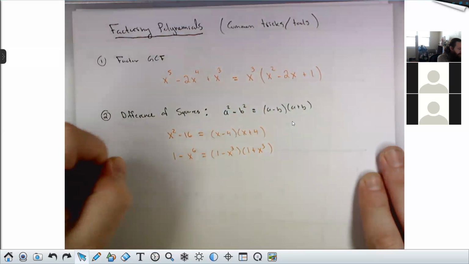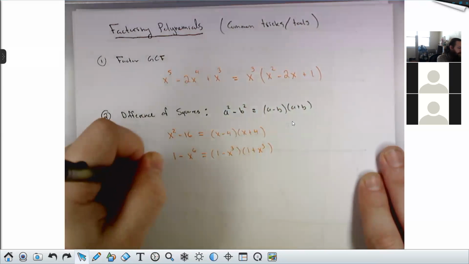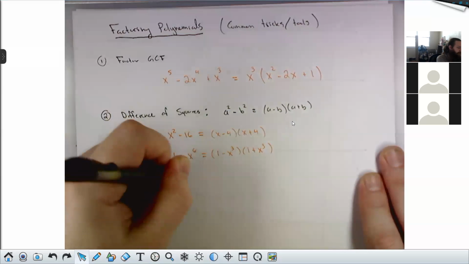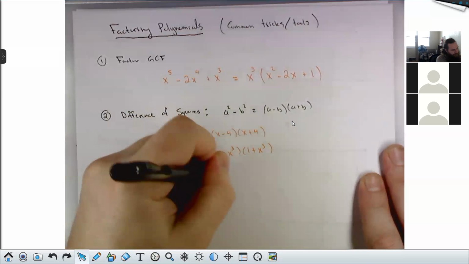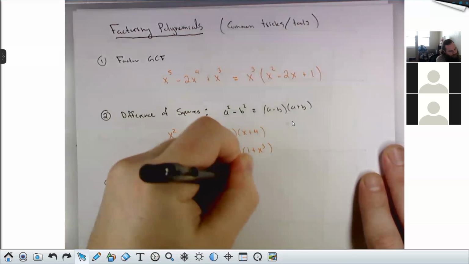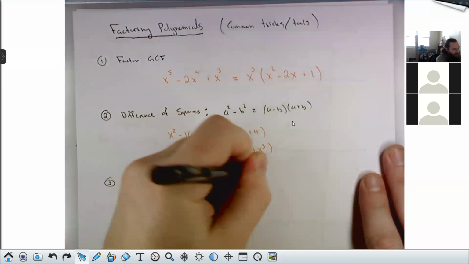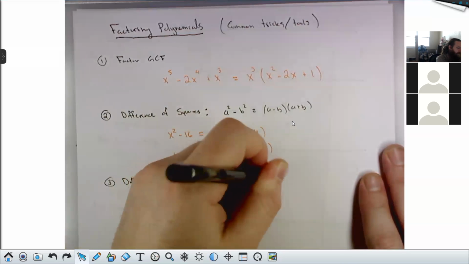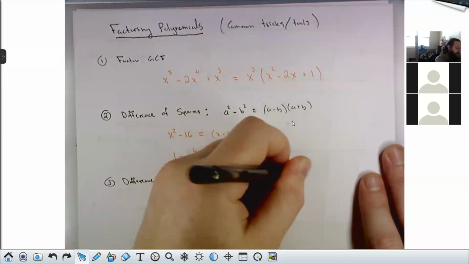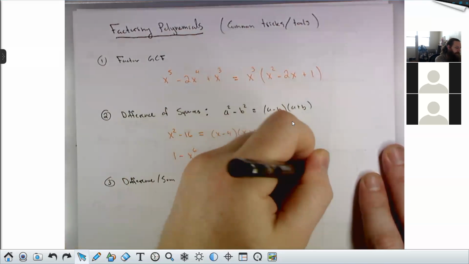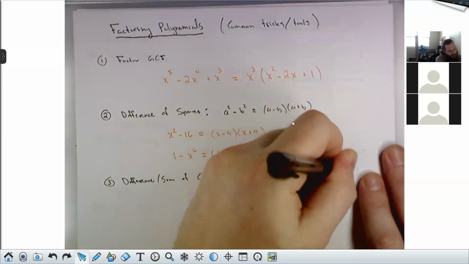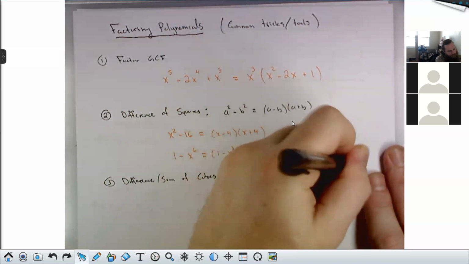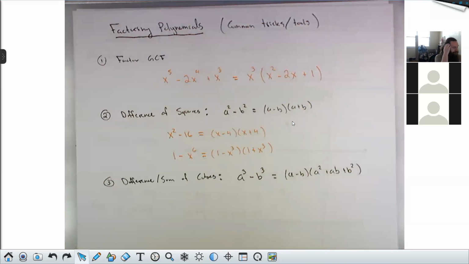There is a thing called a difference and sum of cubes. And this says that if you have a cubed minus b cubed, that can be factored as a minus b times a squared plus ab plus b squared.